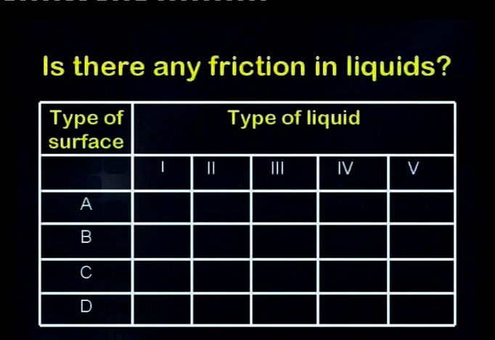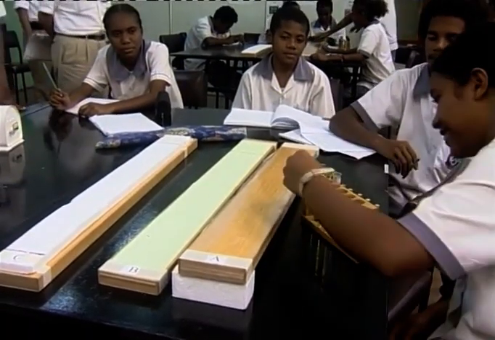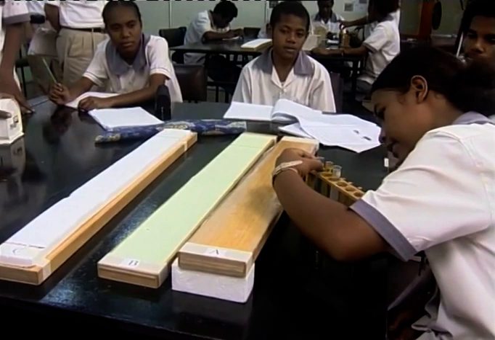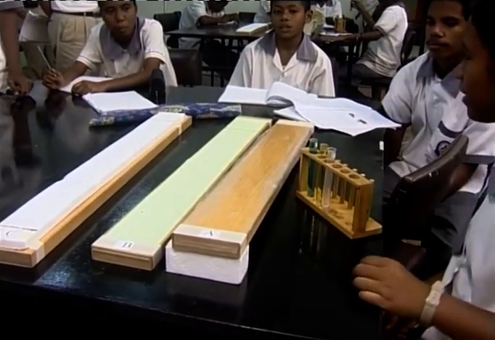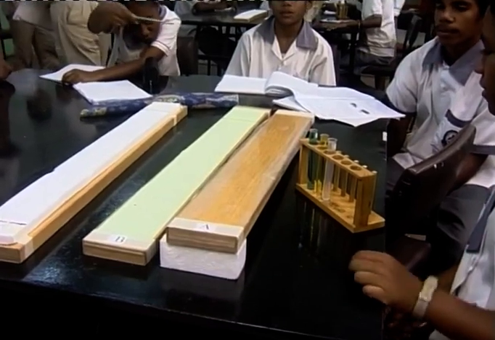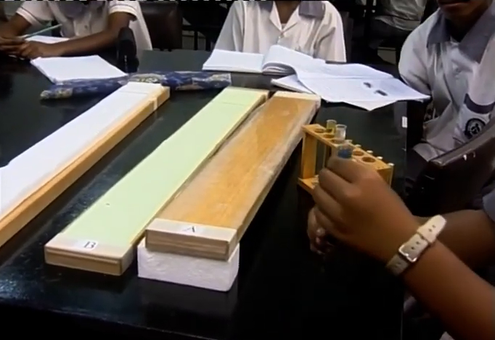Okay. You start from this side, from A. That's your starting. What do we do? Demonstrate. 1, 2, 3, go. A third of it.